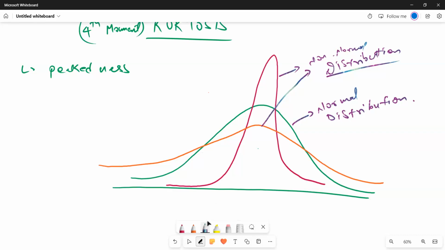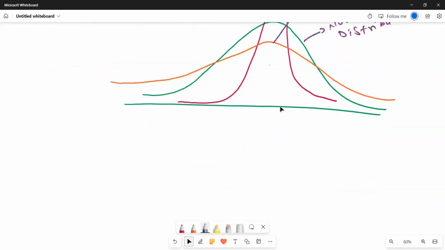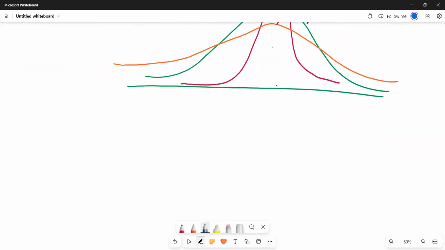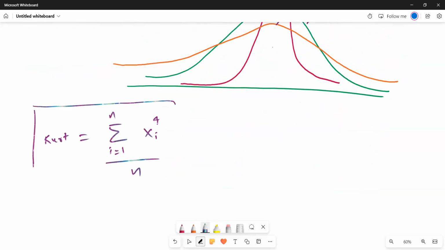All right. So let me just give you the formula as well, since I'm walking you through. The kurtosis is calculated using the summation of i equals 1 to n. We'll simply take xi, take the 4th power of this, and divide by the total number of observations. This is your kurtosis, and as usual, this is your crude kurtosis.